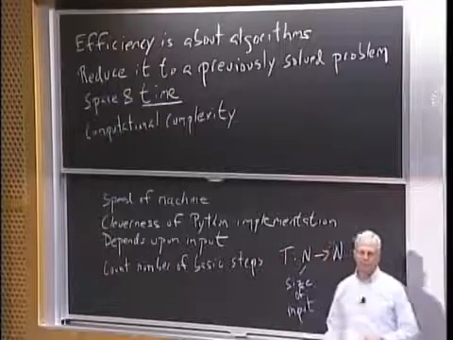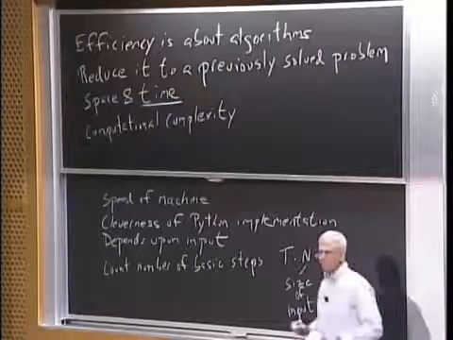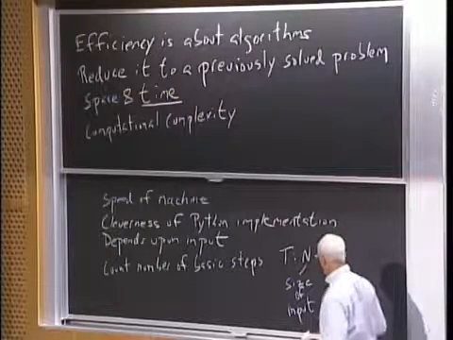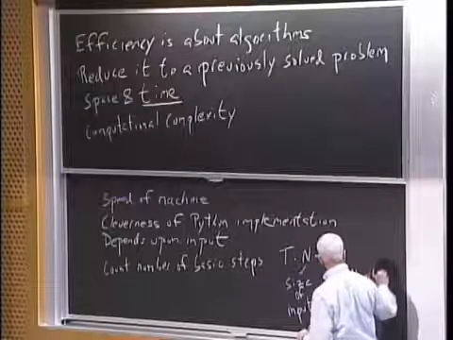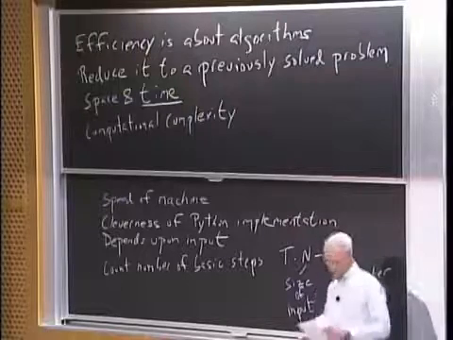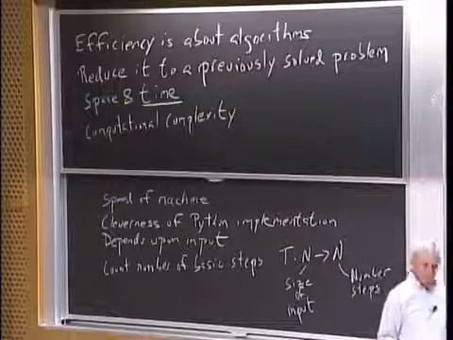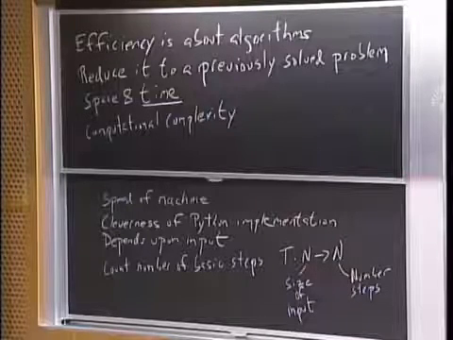How big an input do we want to run the program on? And the result of the function is the number of steps that the computation will take for an input of that size. I'll come back to this in a little bit more precise detail momentarily.